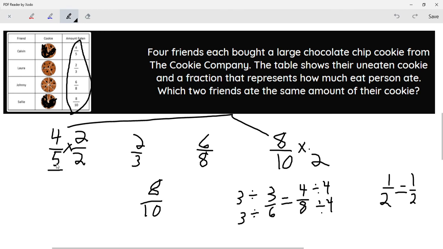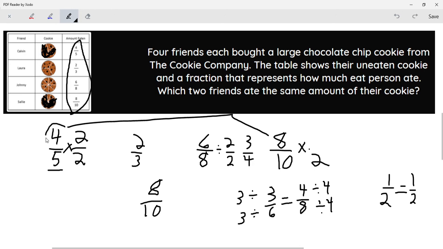There's no common factors other than 1. 2/3 is already reduced. 6/8, since they are both even, I can divide by 2, and then it's 3/4. So I have 4/5, 2/3, 3/4, and then 8/10.